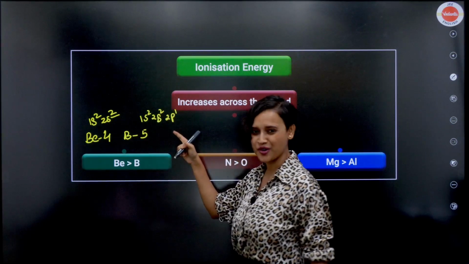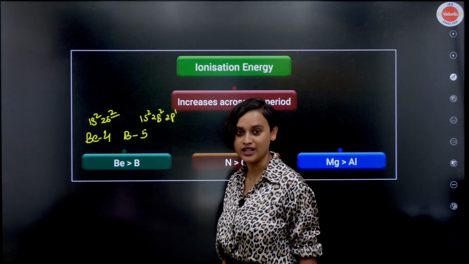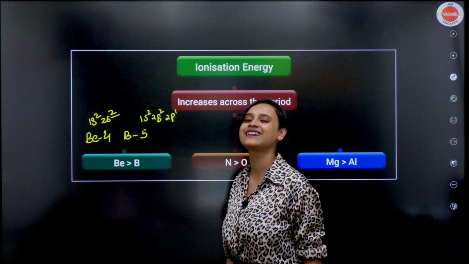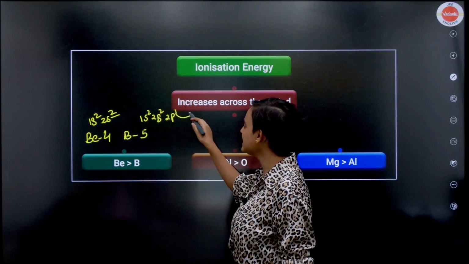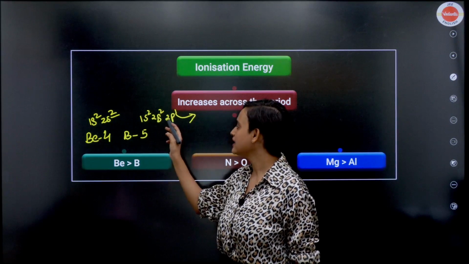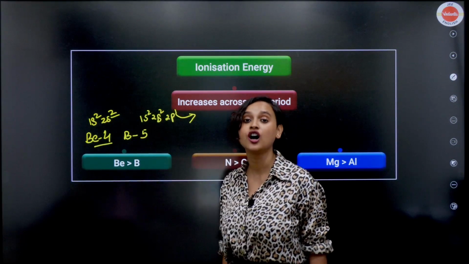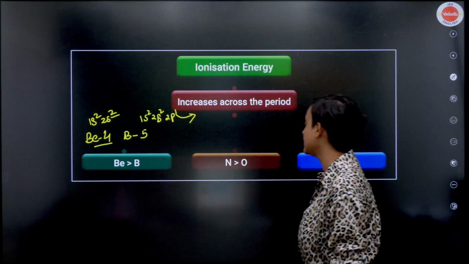There is just one electron. Don't you think that it can easily give away that one electron and attain the fully filled stable state? It can, which is why it easily gives away this electron. That is why the ionization energy of boron is so low, and you can see that beryllium has a higher ionization energy. That's because it has a fully filled stability.